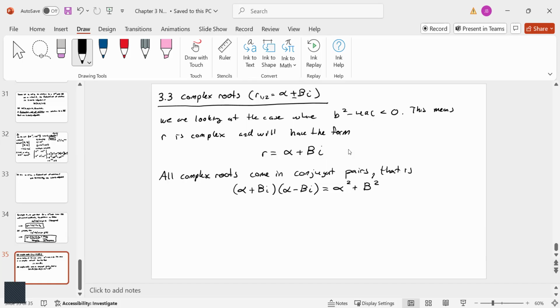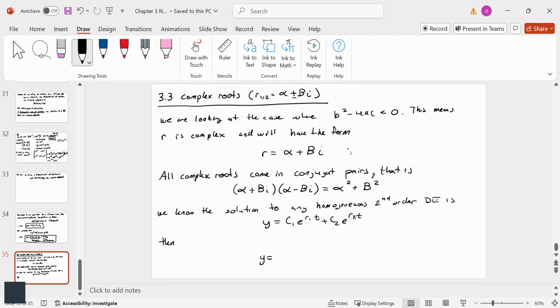So, if you use our structure, we know the solution to any homogeneous second order differential equation is y equal to c1 e to the r1 t plus c2 e to the r2 t.